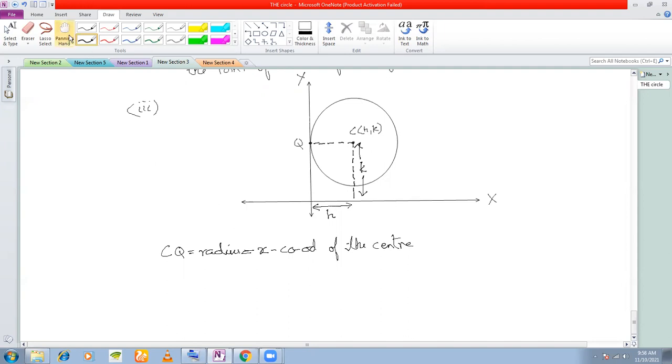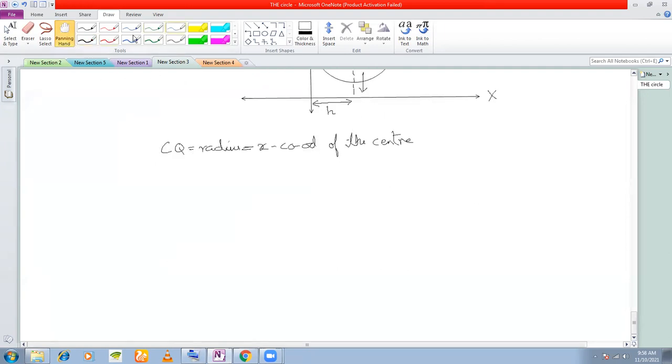Similarly, if you have a circle that touches the x-axis, suppose you have a circle, let us draw it this time in the second quadrant. Okay, this is your X and Y axis. I've drawn it in the second quadrant.